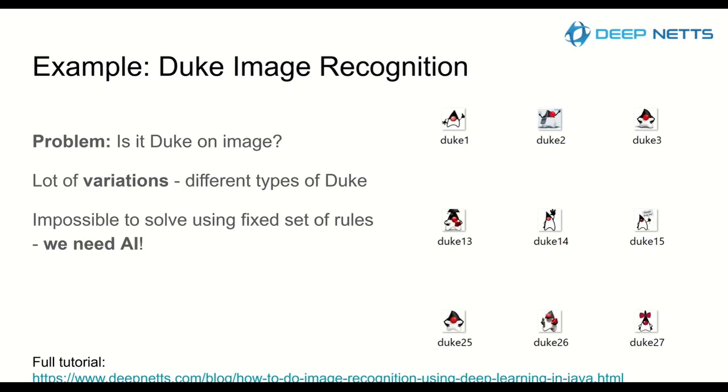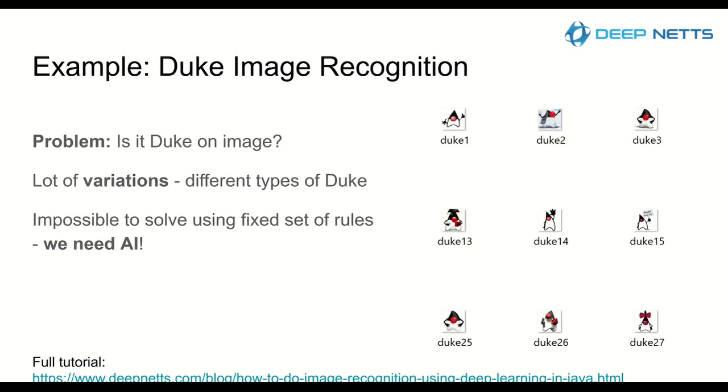Let's now jump to an example where we can see much more clearly what's going on. In this example, we are going to show how to recognize Duke images. The problem that we want to solve is to say whether an image contains a Duke mascot or not.